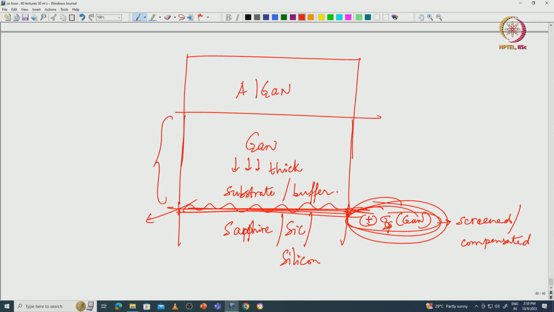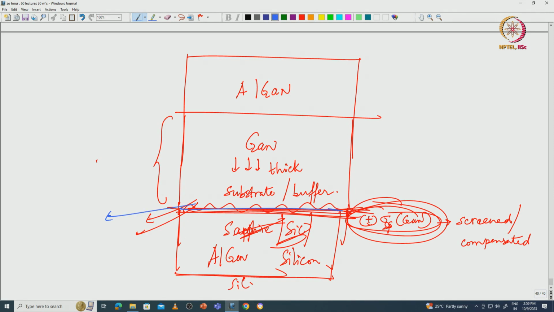However, if this layer is not so thick, even if it is a few hundred nanometers, and below that you don't have a substrate but another layer of, say, AlGaN grown on a substrate like silicon carbide, then at this bottom interface of gallium nitride we cannot ignore the spontaneous polarization sigma sp of GaN, which is positive.